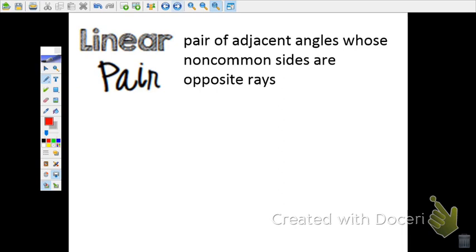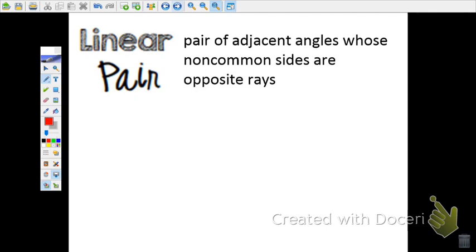The last pair that we're going to identify is what we call a linear pair. We've already seen some linear pairs when we've done some of the previous examples. The definition says it's a pair of adjacent angles, so we know they have to share a side, whose non-common sides are opposite rays.